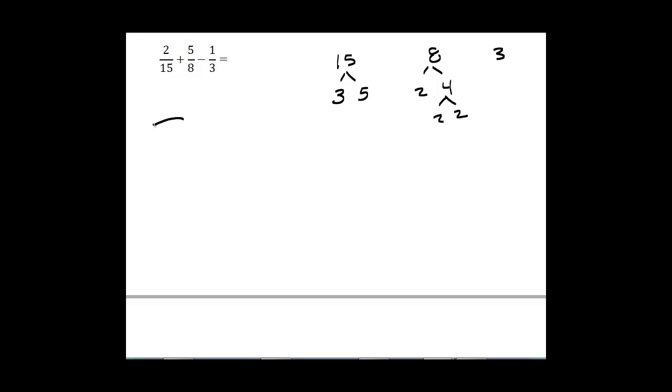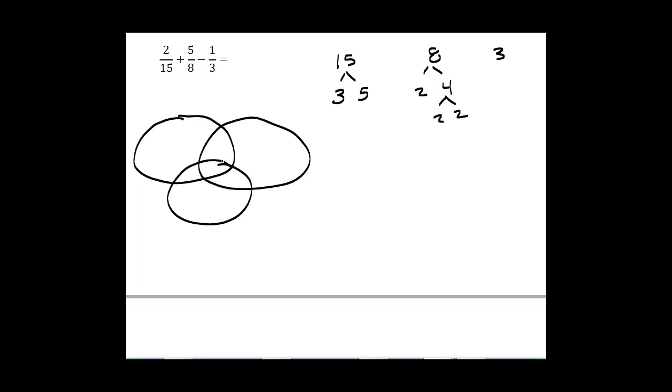So we can look at a triple Venn diagram where the 3 intersect. So there is no factor that's in all 3 here. We have 15, and we'll say this one's 8 and this one's 3. So between 15 and 3 here, I have the 3, and then in the 15 I still have a 5, and the 8 is 2, 2, and 2.